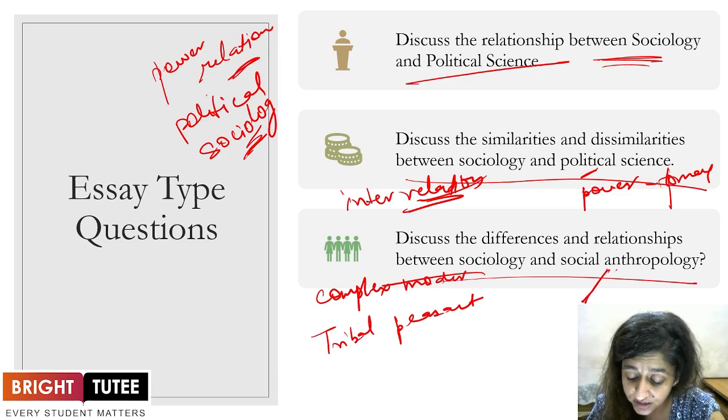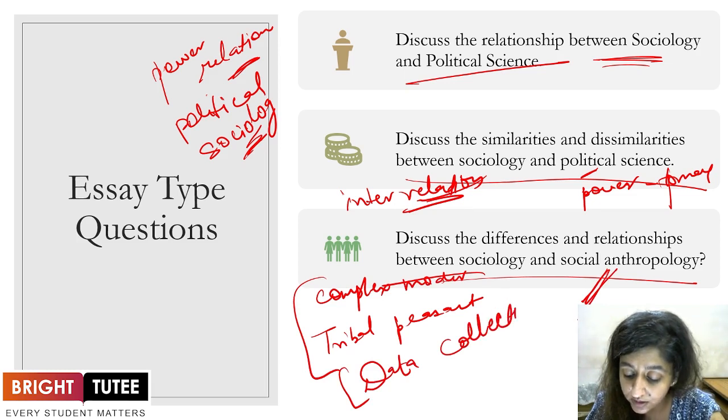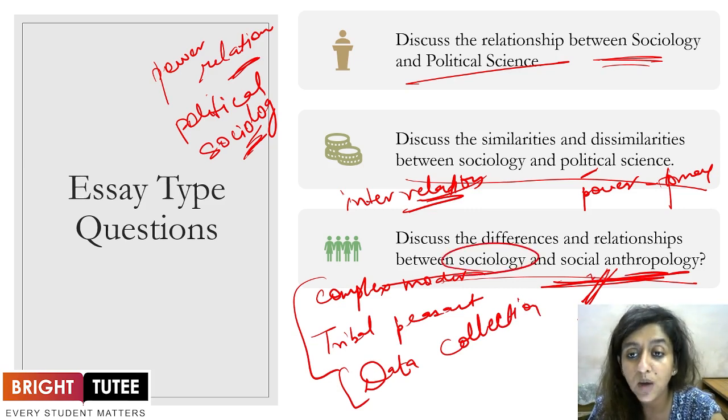The way data is collected is also a difference: in social anthropology participant observation is used, and in sociology surveys are the major part of data collection. In relationship, they are very much in sync with each other.